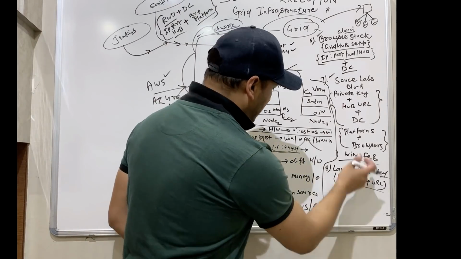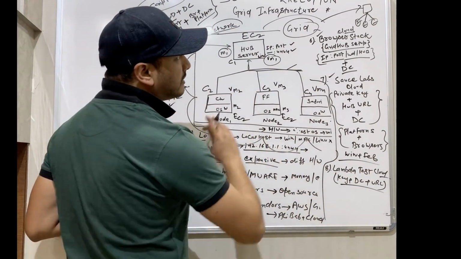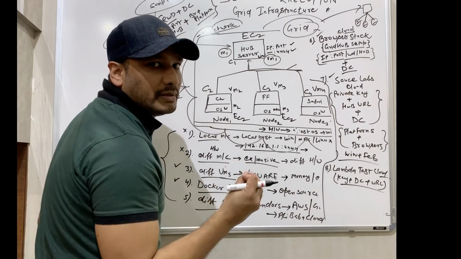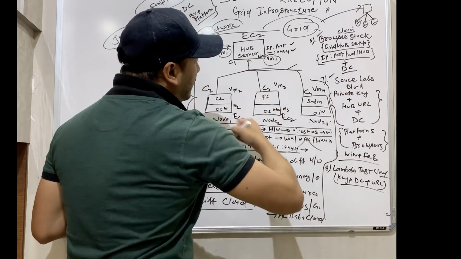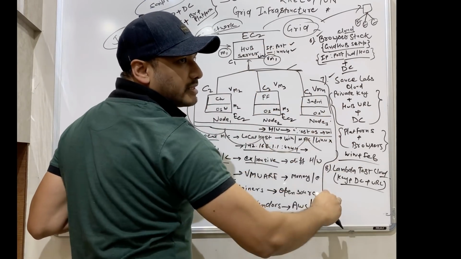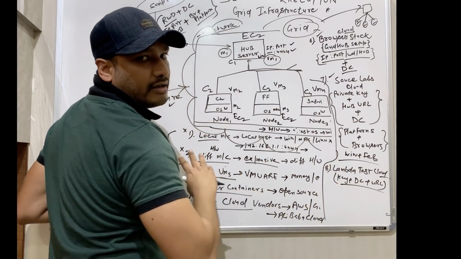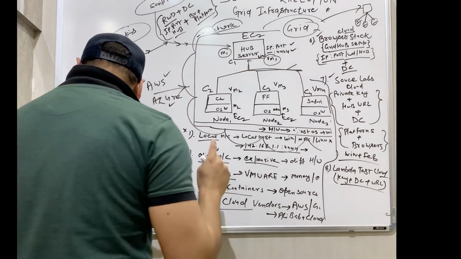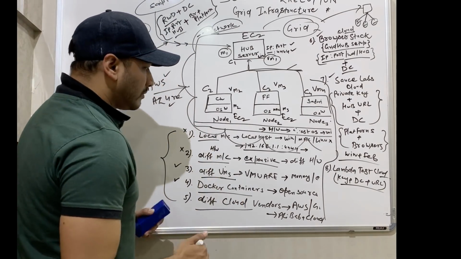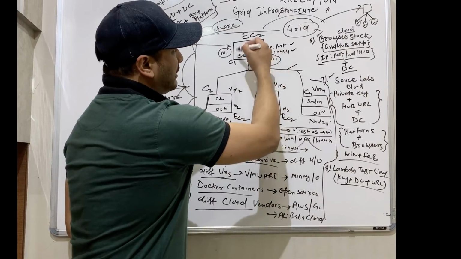So these are the 7-8 different combinations I have told you guys. But what is the common thing? The common thing is this grid setup. Grid setup will remain constant, will remain the same on different infrastructure. It will never change, right? So I'll tell you one thing. First you understand how exactly grid works.